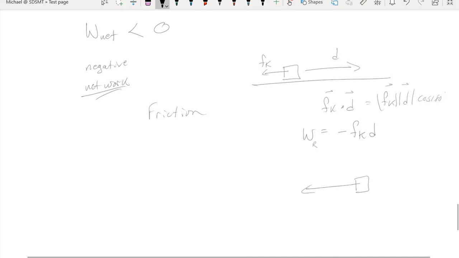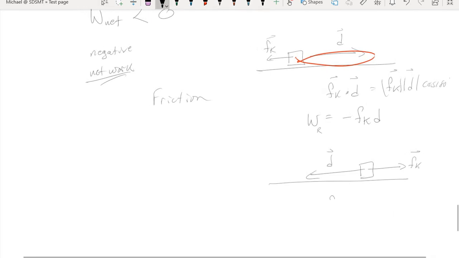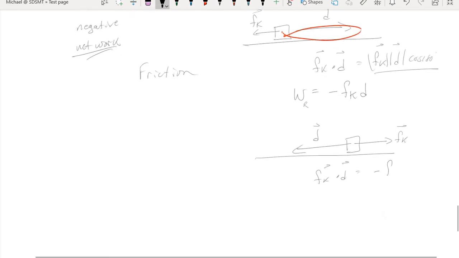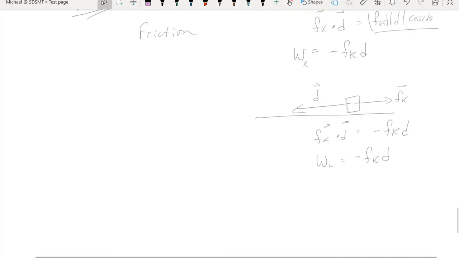Now, bring the box back. Okay, we have to have a closed path. We'll let the box come over here, but then we have to bring it back. If you bring the box back, friction points in the direction opposite of the displacement. If we evaluate the work, we're still going to get a cosine 180 relationship between those two vectors, and we get a minus FkD as we bring that box back to the left.